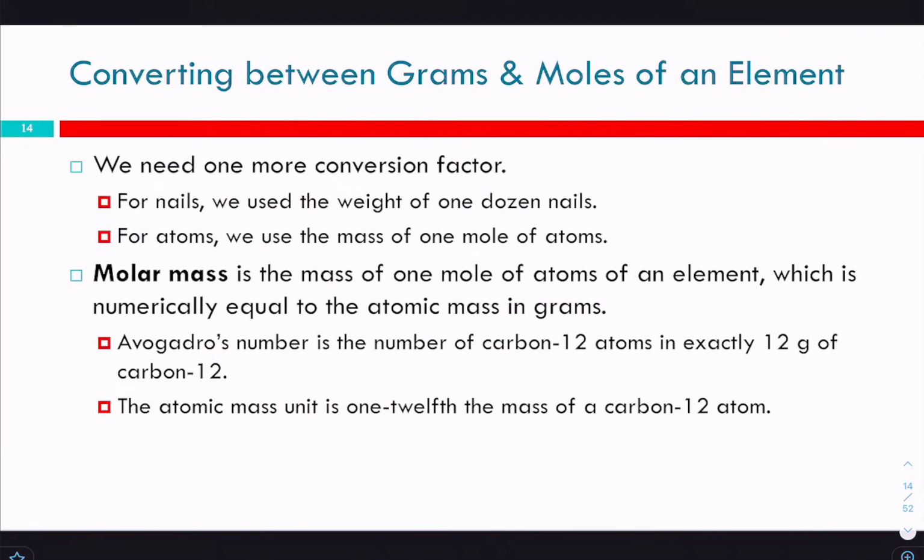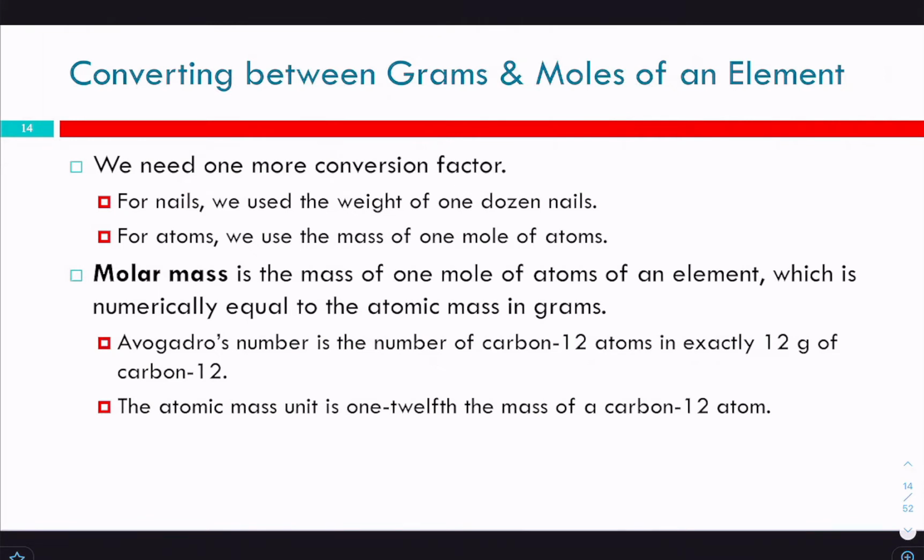Okay, so again, we can't count individual atoms. So, well, it's good to know that 1 mole is 6.022 times 10 to the 23 atoms. We can't actually use that conversion unless we already know how many moles there are, because we can't count the individual atoms. Again, it would take more than a lifetime.